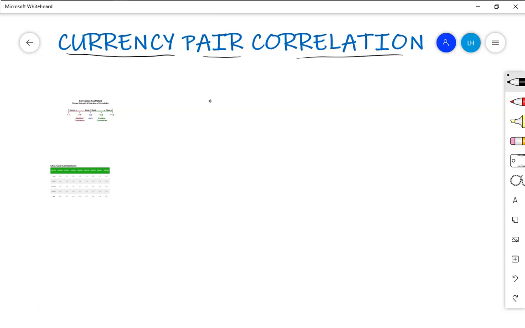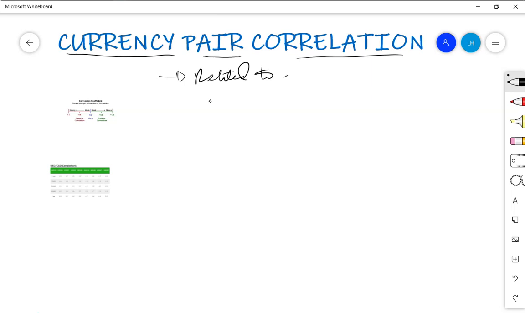Now, currency pair correlation is simply a measure of how two currencies are moving or relating to each other.